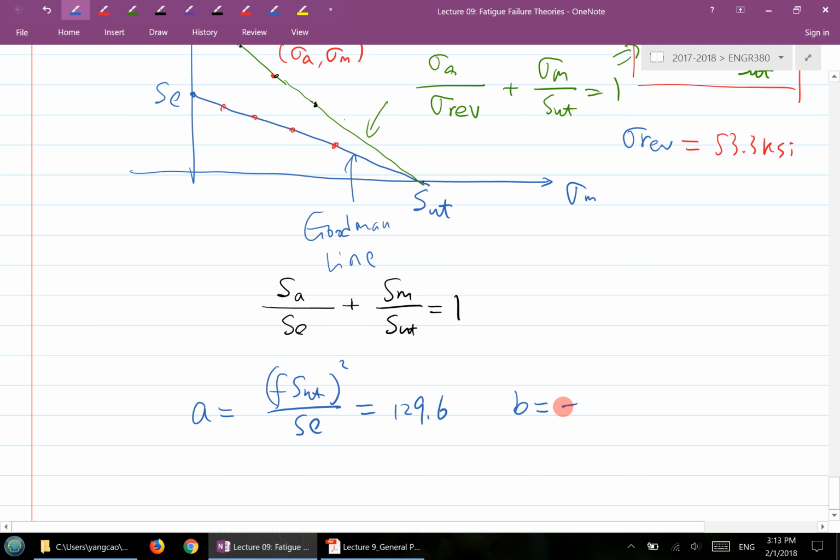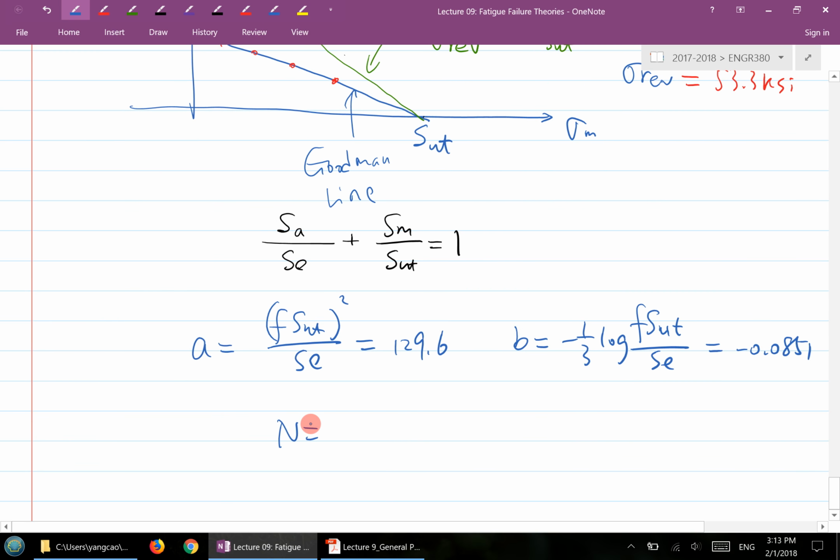B value is negative 1/3 log of SUT F over SE, which is negative 0.0851. Then your number of cycles N is sigma REV over A to the power of 1 over B. Plugging in all the numbers, there's 3.4 times 10 to the power of 4 cycles. That's right.